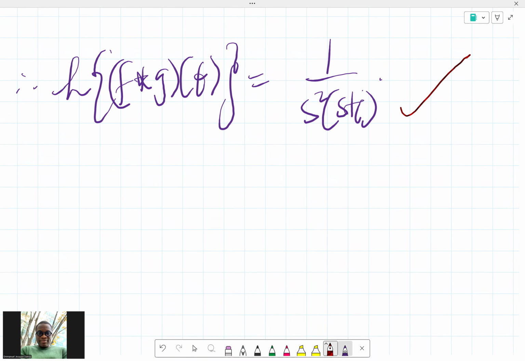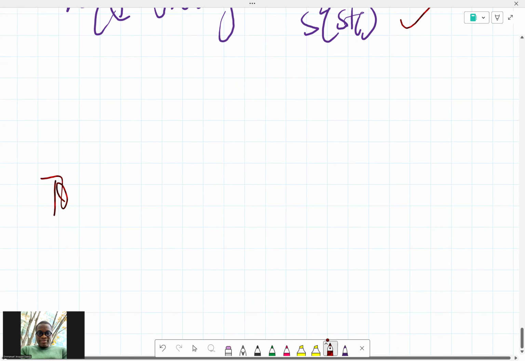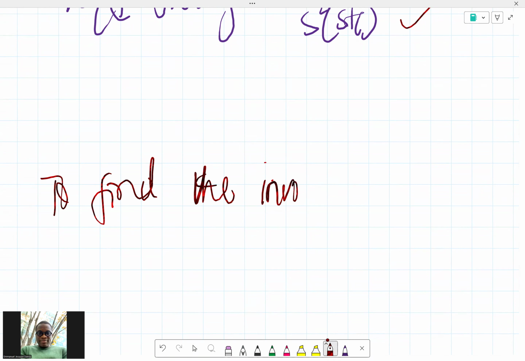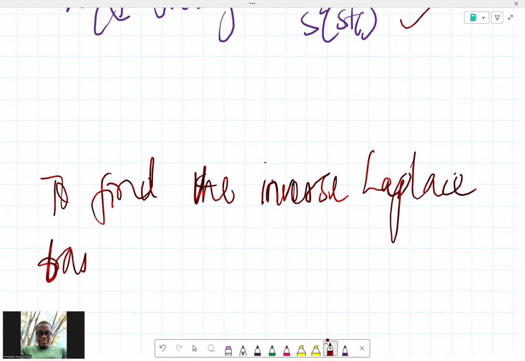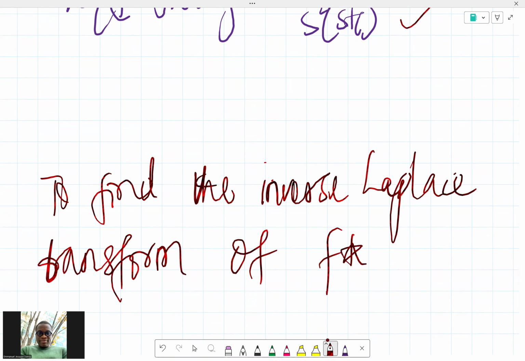But just to refresh our memory, that's why I'm going further now, to find the inverse Laplace transform of f convoluted with g of t.